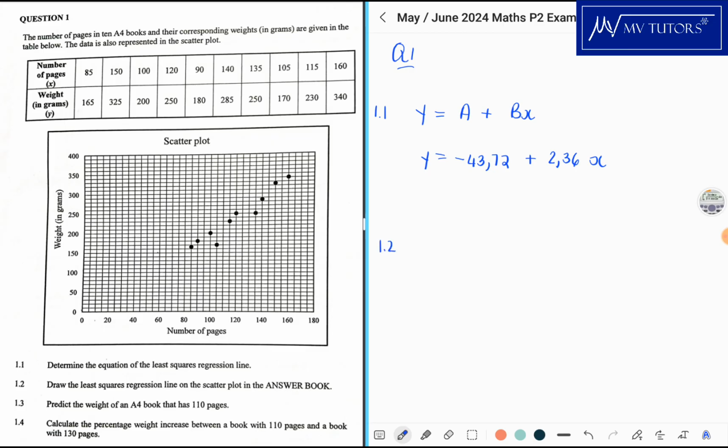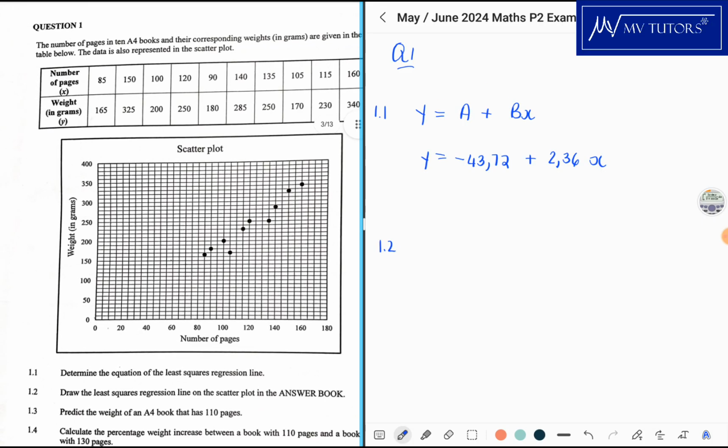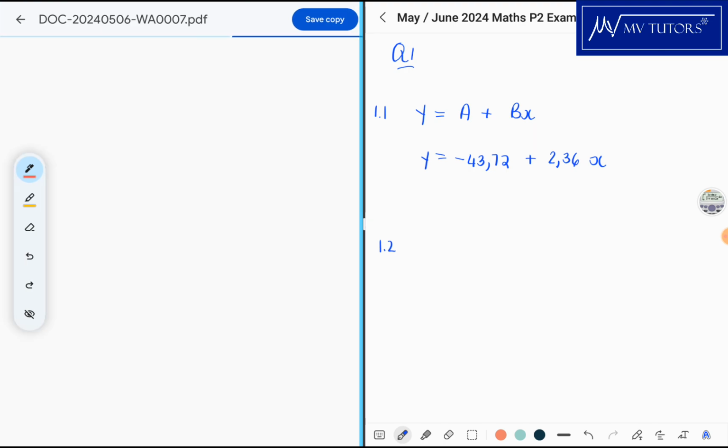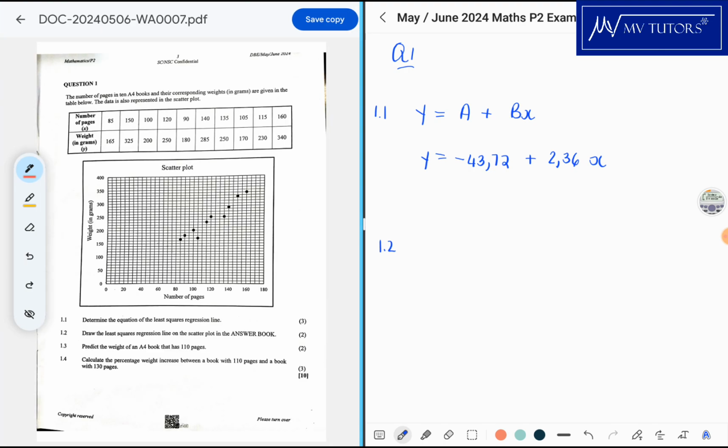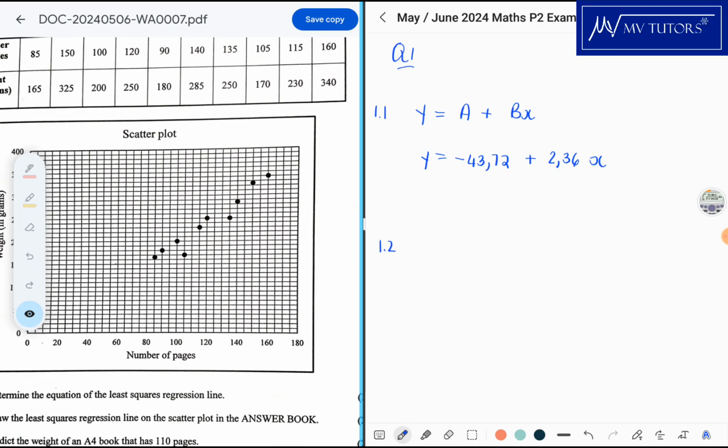All right, 1.2 says, draw the least squares regression line on the scatter plot. How many marks is this? 2 marks. So basically, this line that we're going to sketch is the line of best fit, if I could say. Okay, so I'm going to try over here to draw a nice straight line.